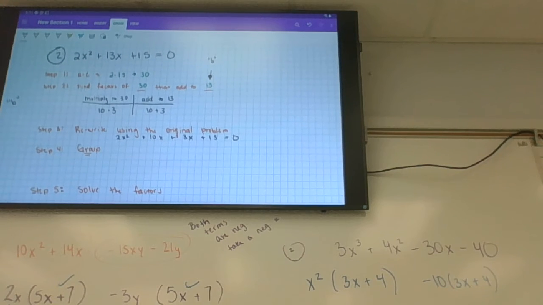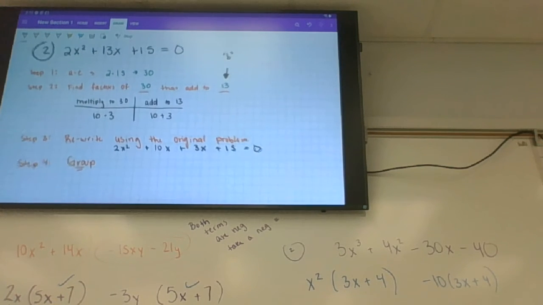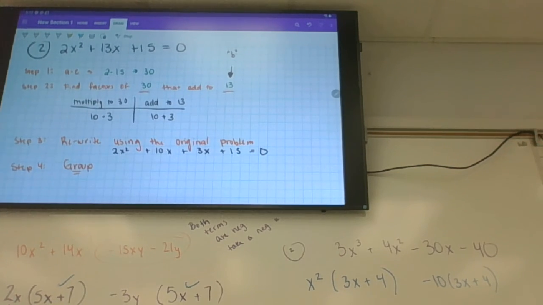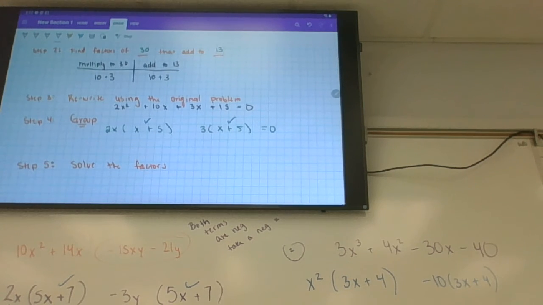All right, now we'll do the grouping. You have this great checkpoint where you can see that the parentheses match. You solve the factors.